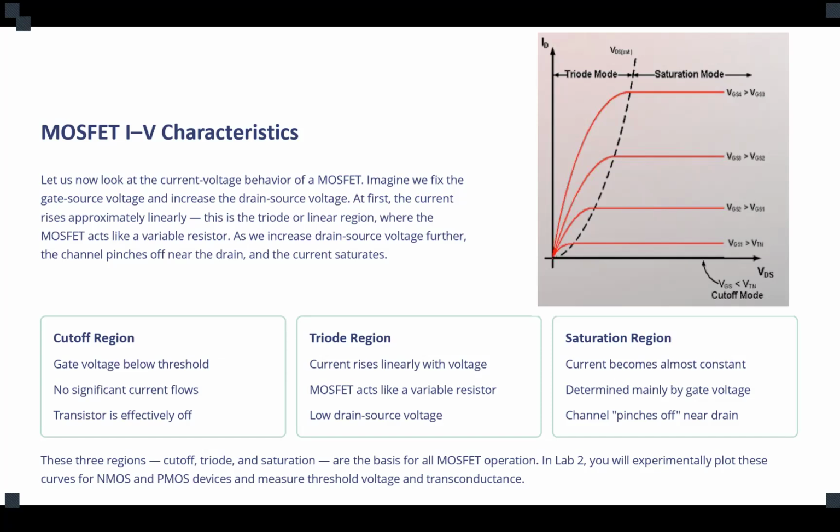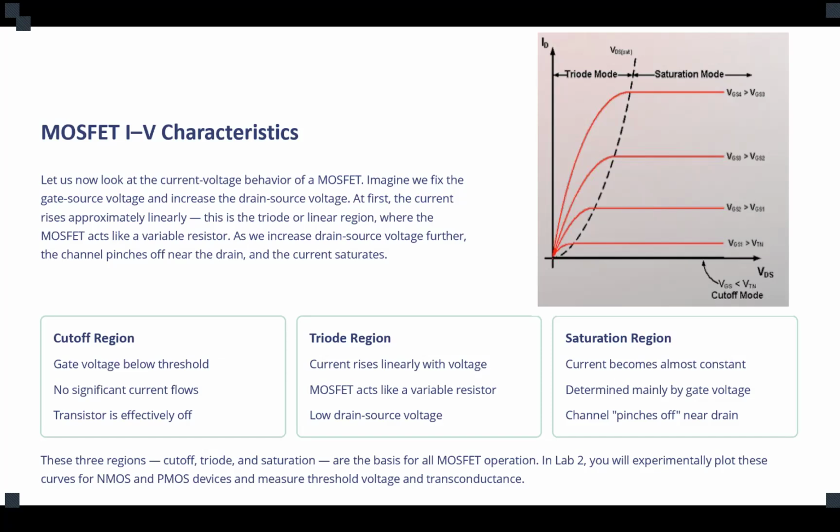Now, as you can see, when we apply a voltage between gate and source, we can activate or trigger our switch. So if we don't have a voltage, that means the switch is off.